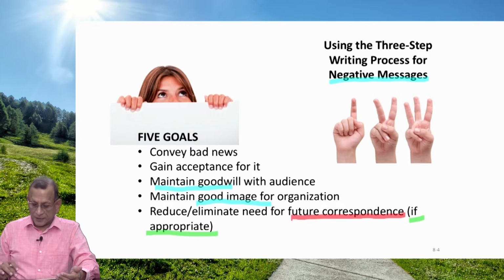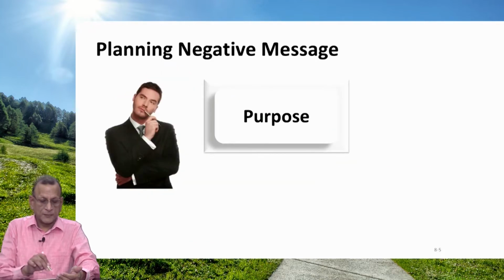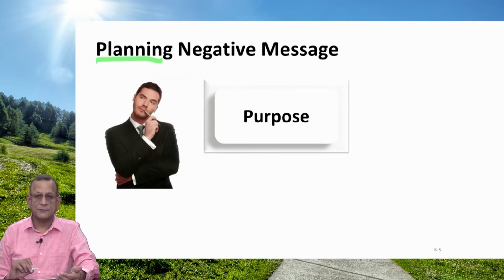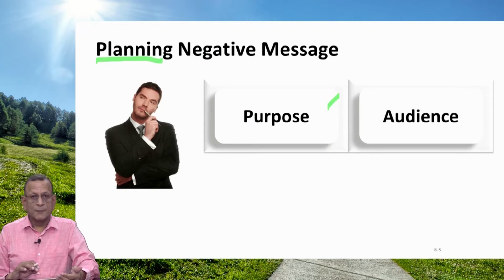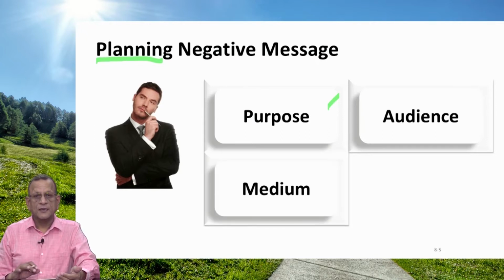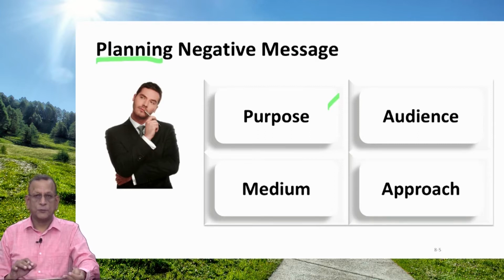This 3-step writing process obviously will start with planning. As we know, we must know the purpose. We must know about the audience. Medium has to be selected on the basis of purpose and the audience, and then approach, direct or indirect, has to be selected. So this is something related to planning negative messages.